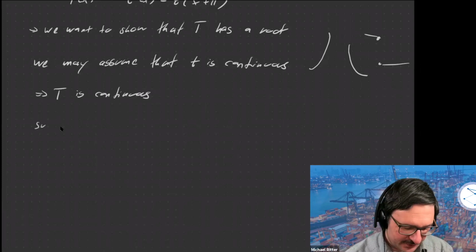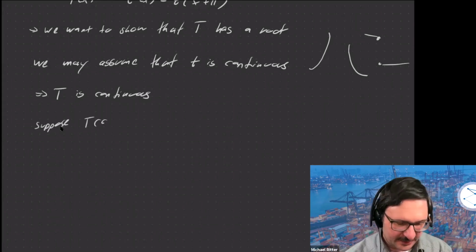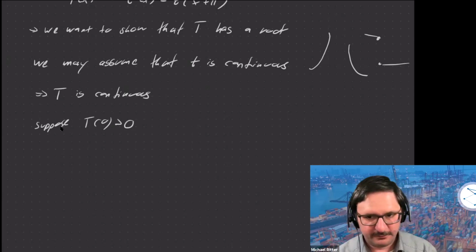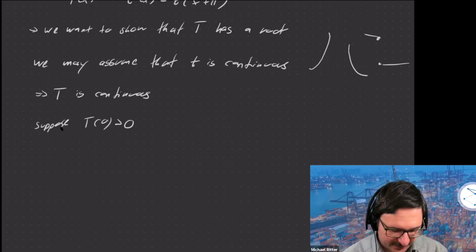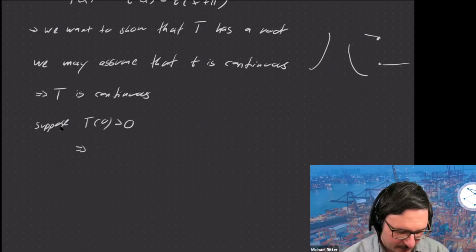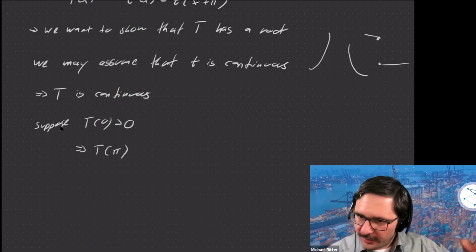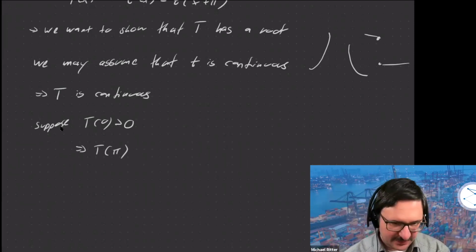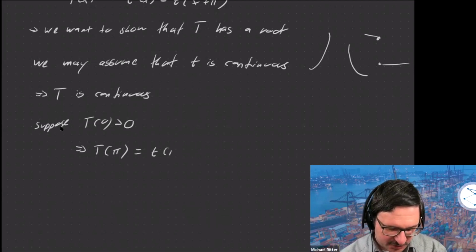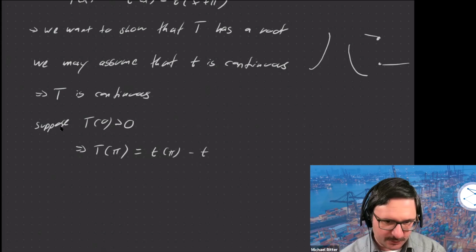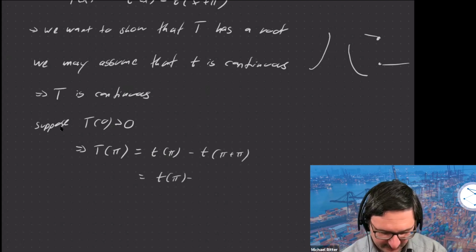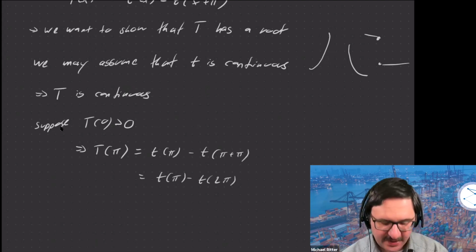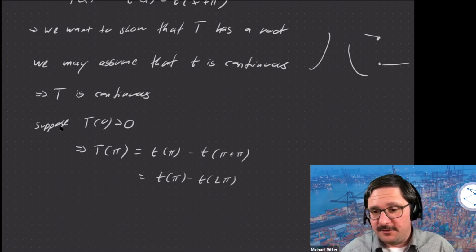So t is continuous, and that also means capital T is also continuous then. Now, suppose we look at T of 0. Suppose T of 0 is positive. Just for the sake of this argument, or we'll talk about the other cases later. Then if that is the case, we can look at T of pi, right? So formally we extend that to pi by just wrapping around. Now T of pi is by definition small t of pi minus small t of pi plus pi, which is small t of pi minus, well, t of 2 pi. And as I said, t of 2 pi would be defined by wrapping it around.